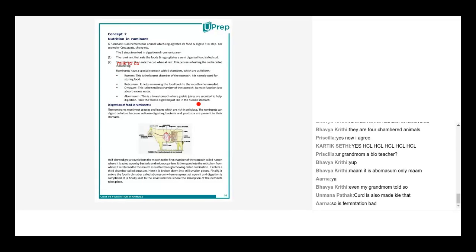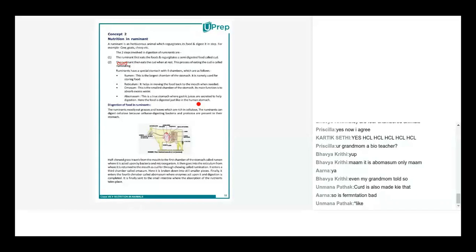Ma'am, is it the same thing as yeast? No, yeast is different. Lactobacillus is different. So what is the scientific name of yeast? The scientific name of yeast I need to find out. It is known as Saccharomyces cerevisiae. One second, let me just explain lactobacillus first.